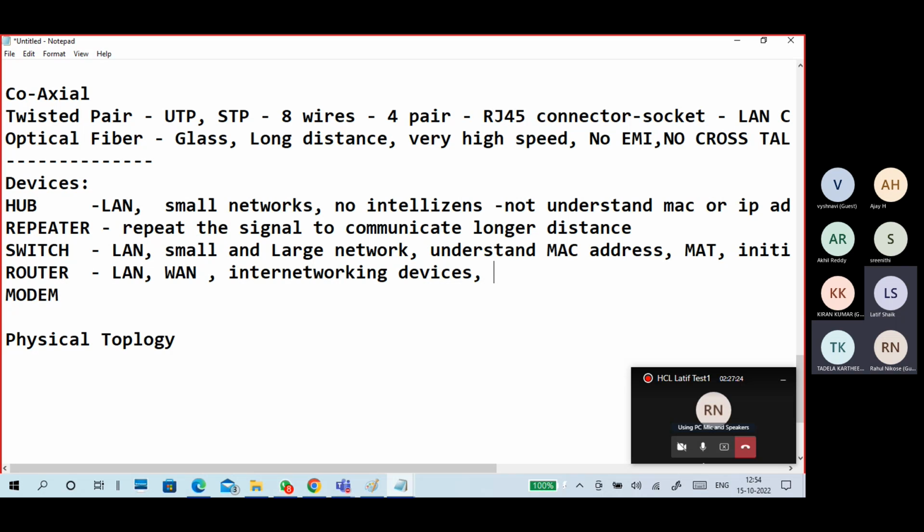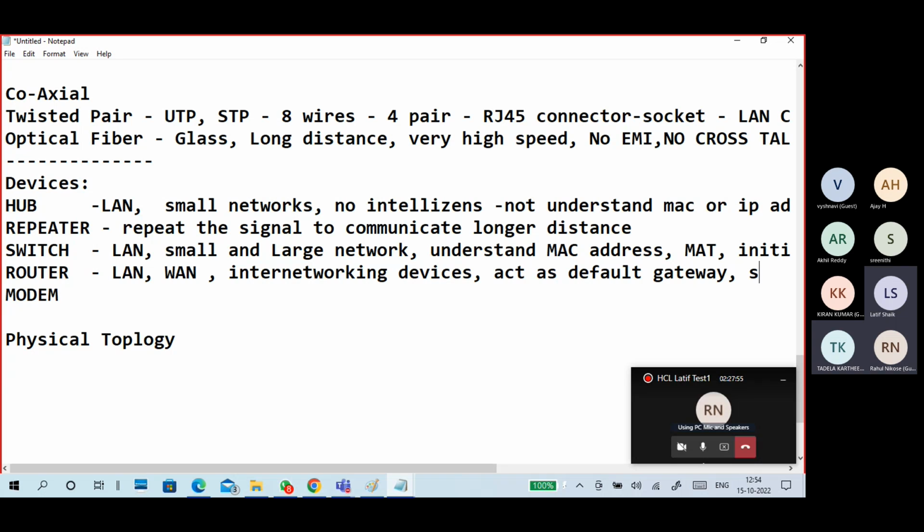It makes communication between two or more networks. It acts as a default gateway to communicate outside of the network. What is a default gateway? That is also a good question actually. Internetworking device, both LAN and WAN communication mainly.